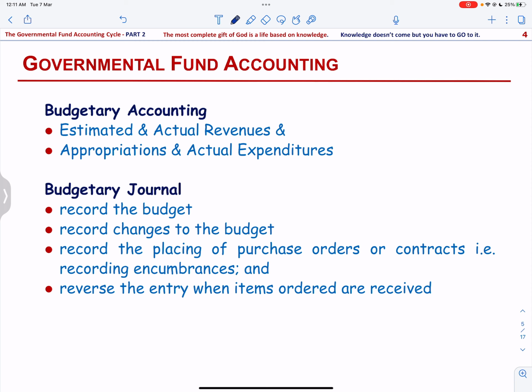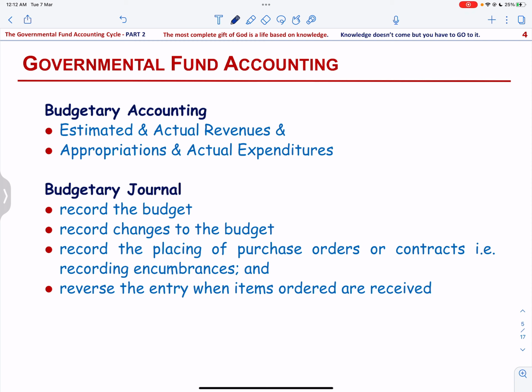Government budgets are an important control mechanism as they help in monitoring the actual expenditures against the budgeted appropriations. This helps in evaluating the financial performance of the government, and it helps in taking necessary corrective actions where necessary.